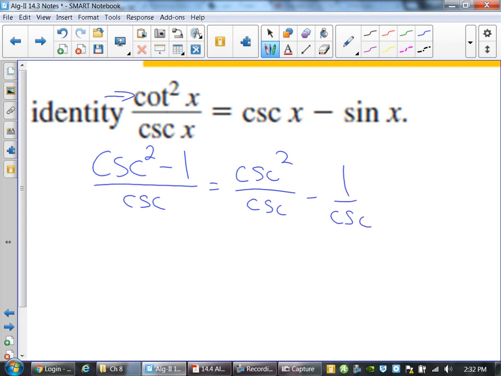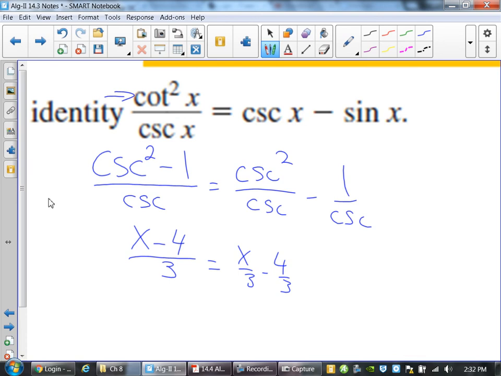This is the same exact idea as doing this. It's the same stuff, it's just got trig involved.